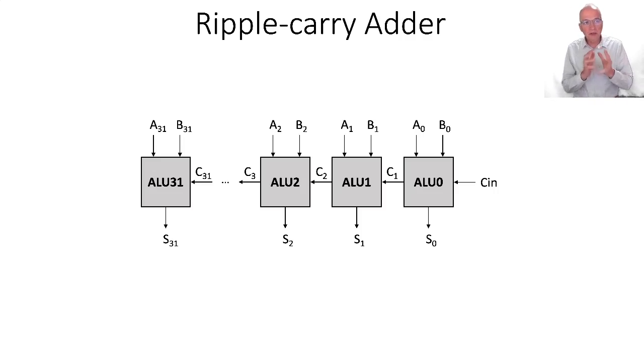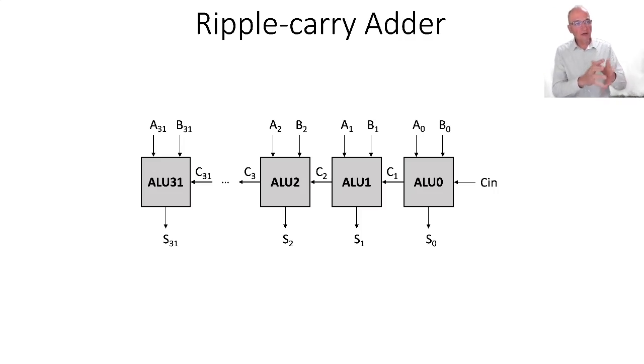When I built that circuit before with the gates, the propagation of the signal from the input of a gate to the output of a gate is not 0. There is a time delay between the time that I have the stable signals for the inputs, for the bits in the input, and the time that I get the output.